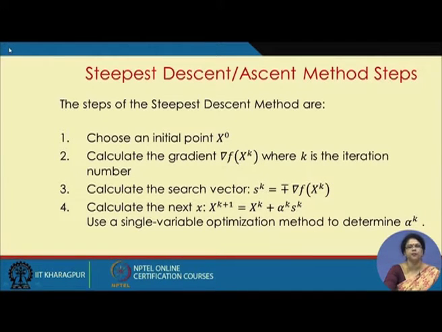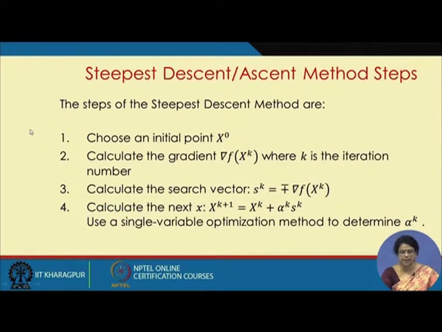If x naught is the initial point, then we will find x1, the next point, that is equal to x naught plus alpha k sk. Alpha here is the step length at the kth iteration, and sk is the direction. Sk is positive if it is maximization and negative if it is the minimization problem.